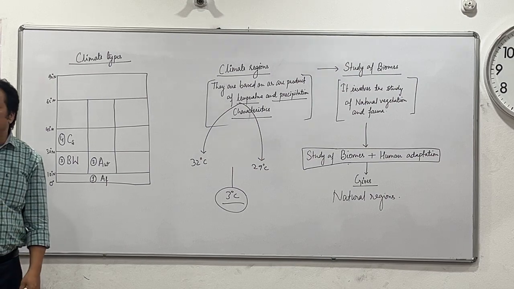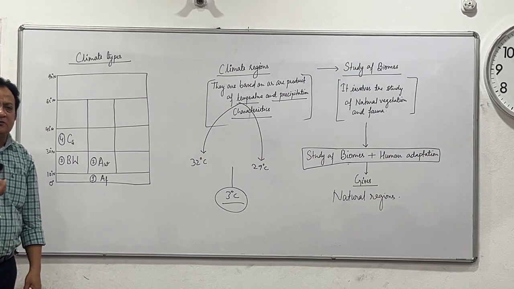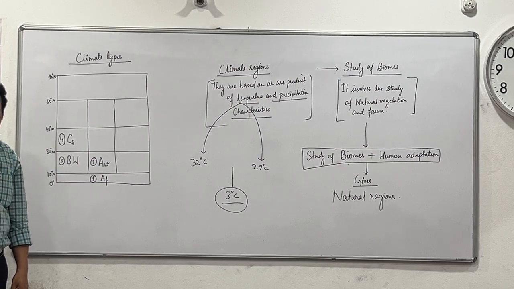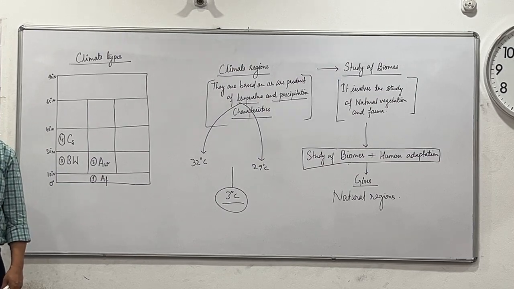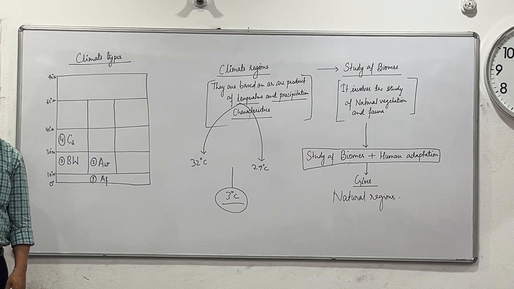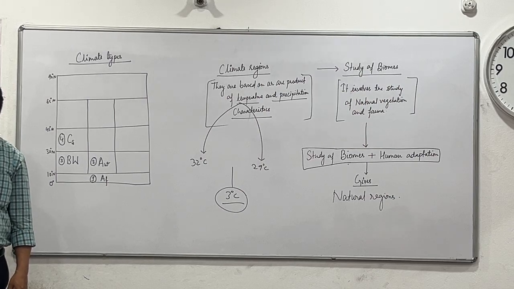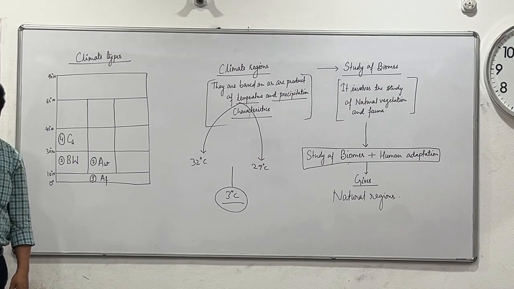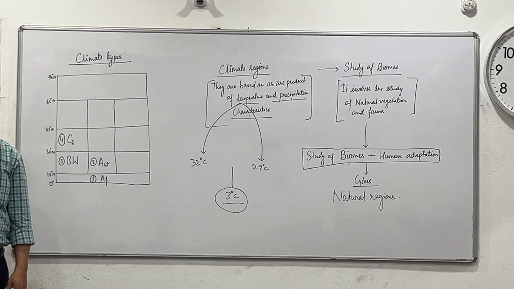Obviously, when you compare the whole Earth, we know that the highest biodiversity occurs in the marine environment, not over the land area. What is the reason behind that? The reason is the antecedents of life, the history of life. Life first started in the marine environment around 3,800 million years ago.